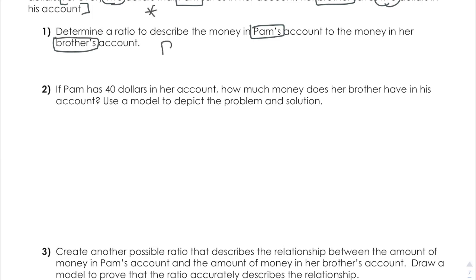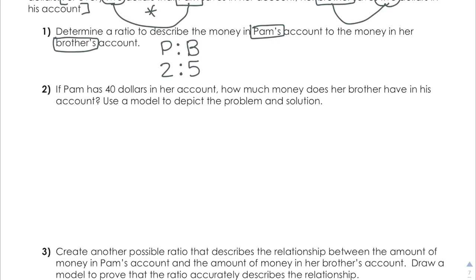So we've got P for Pam, B for her brother, and we said that 2 and Pam go together, and the brother and 5 go together. So the ratio that describes the money in Pam's account to the money in her brother's account is going to be 2 to 5.